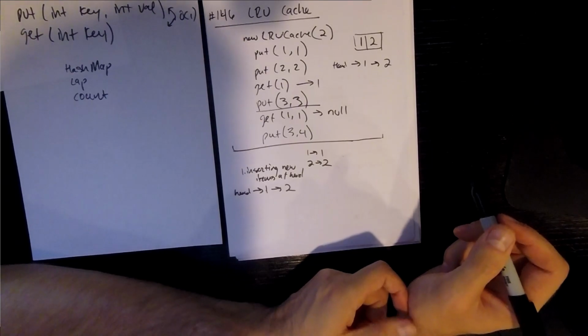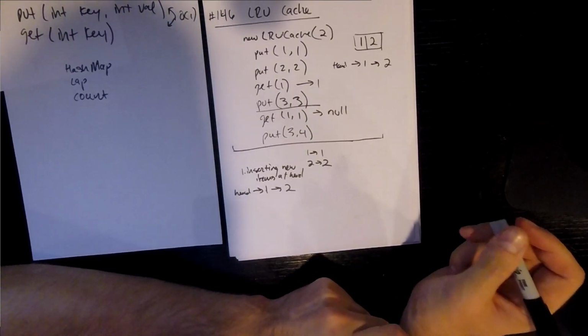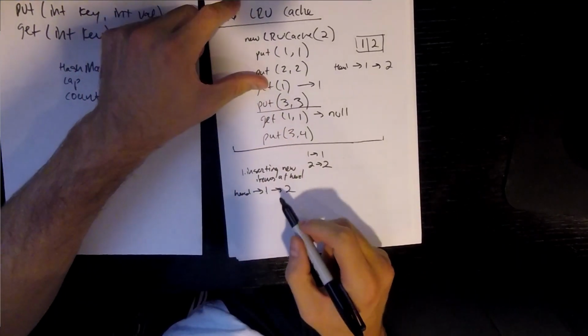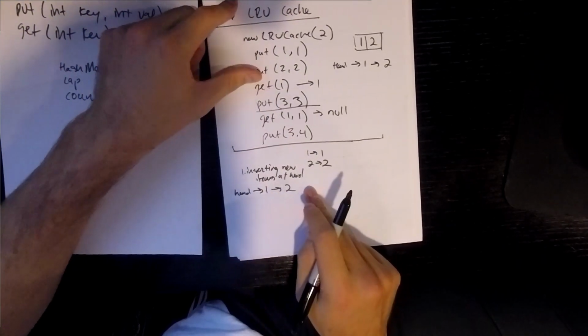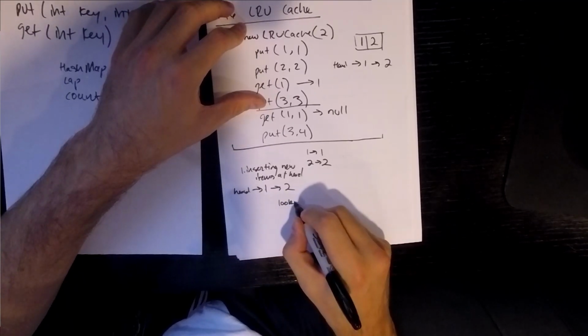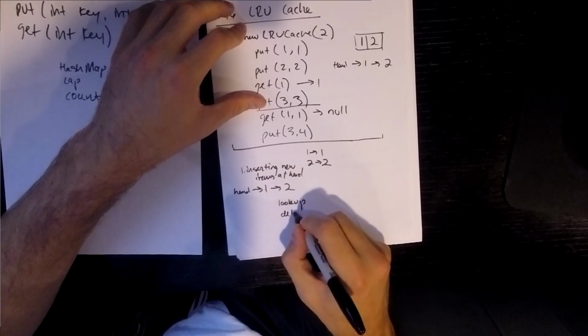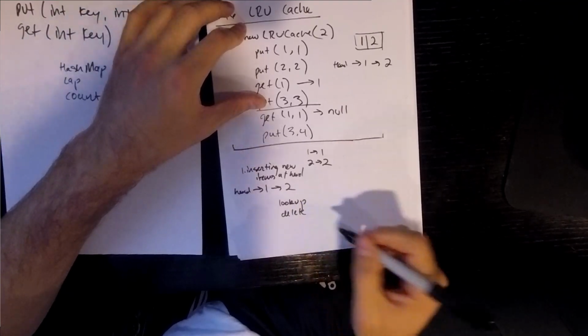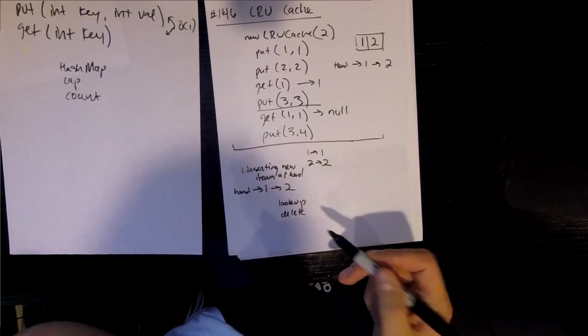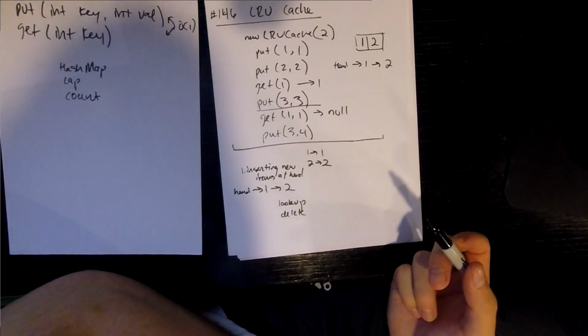So what else could we do? When we're getting, what are we doing with our list? We're doing a lookup, like a search, and then we're also doing a delete. If those both need to be constant time, we probably need another hash map or something of that sort.